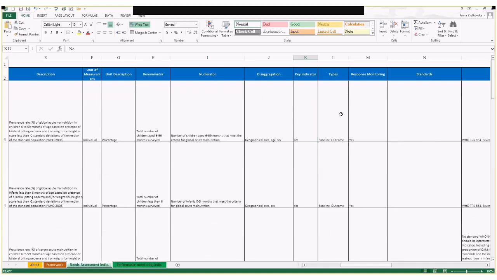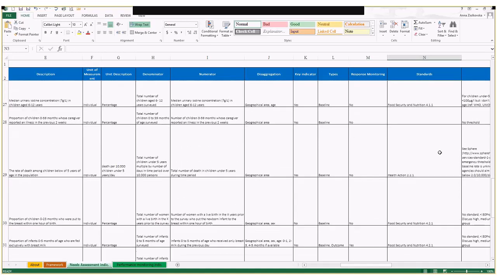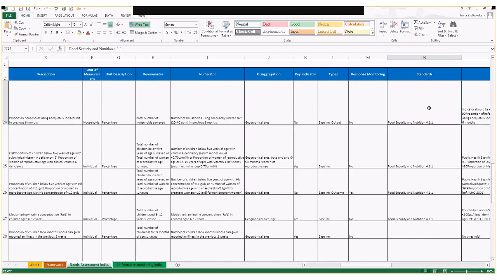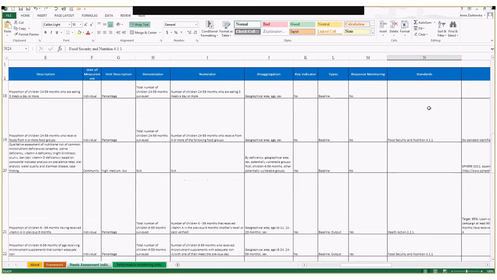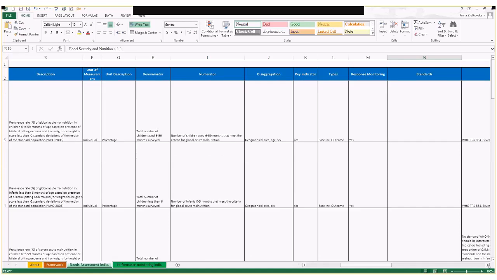Then you have type of indicators, which is basically whether it's a baseline, output, outcome, or impact indicator. Response monitoring, whether you can do response monitoring with this indicator. Then standards, if applicable, it's not always, but for example, you have Sphere standards and WHO standards, and they are referenced here.